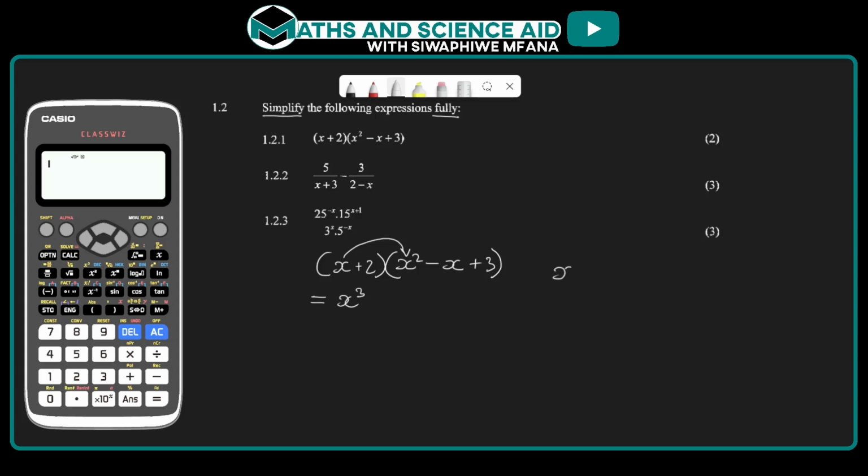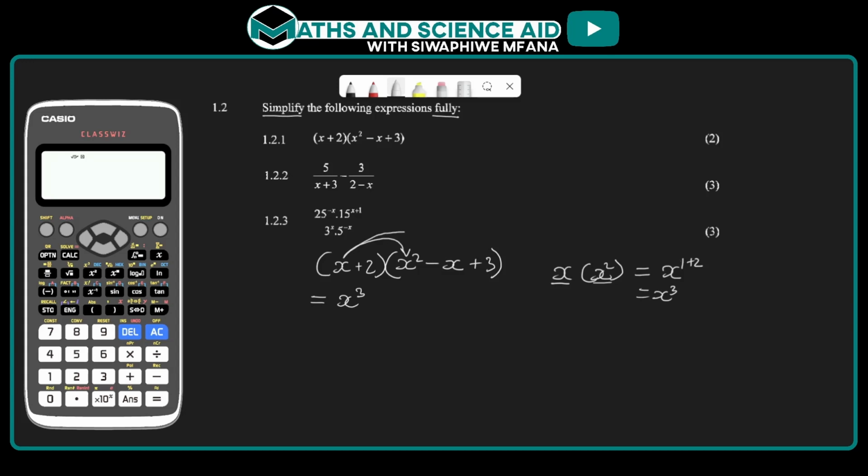So if you are multiplying x by x to the power of 2, the laws of exponents tell us that in multiplication, if the bases are the same, just like in this case, you take down that base and then you just add the exponents. So our exponents are 1 plus 2 because the exponent here is 1. And so this will be equal to x to the power of 3.